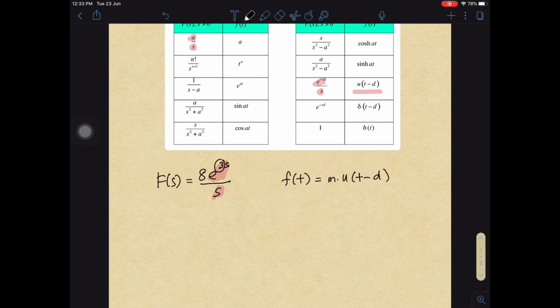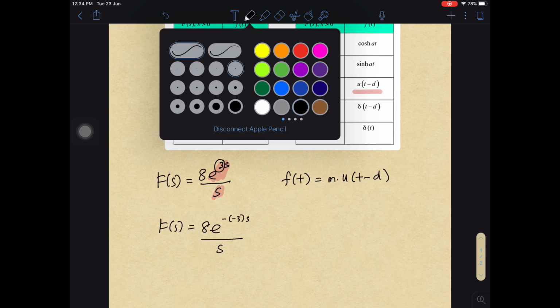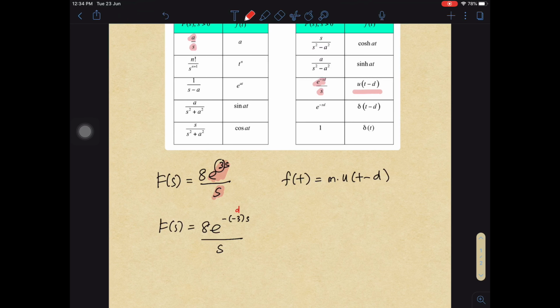You have positive here, so you write your F(s) is equal to 8 e to the power of negative 3s over s, with negative outside, so negative and negative will give you positive. So you now know that the value of d from this function is equal to negative 3.